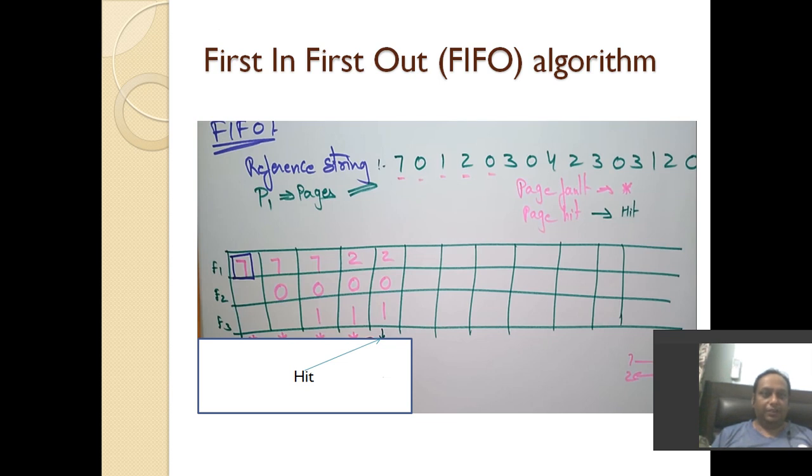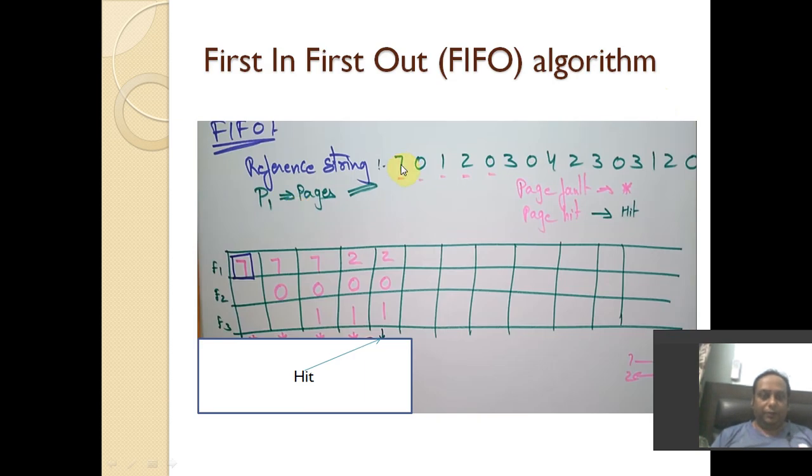The first page replacement algorithm is FIFO, which is first in first out. Suppose we have the given string 701203. We have to fit that string into three frames, F1, F2, F3. So how will it work?